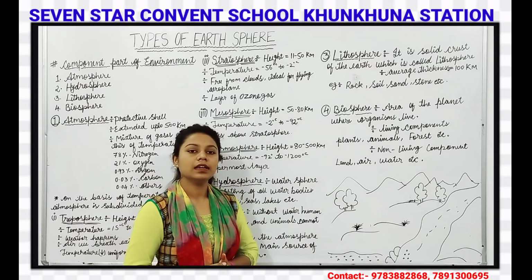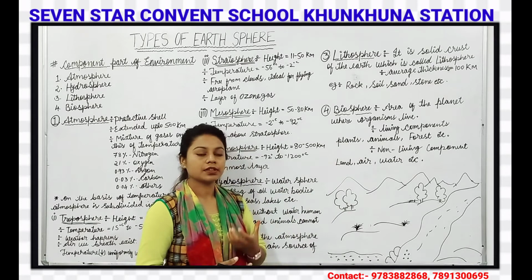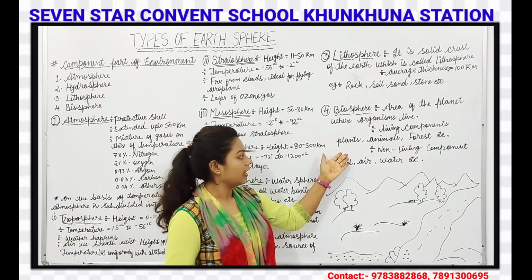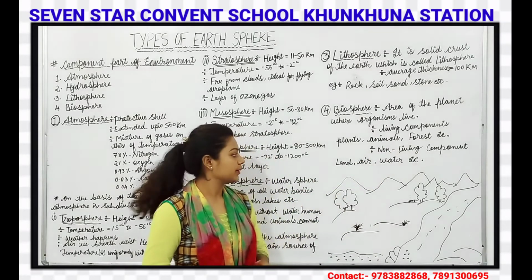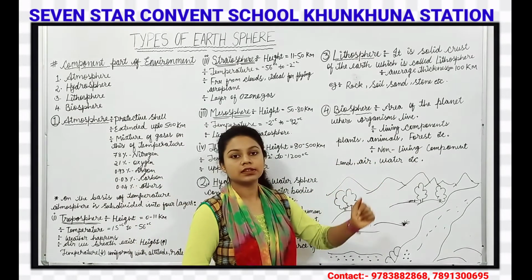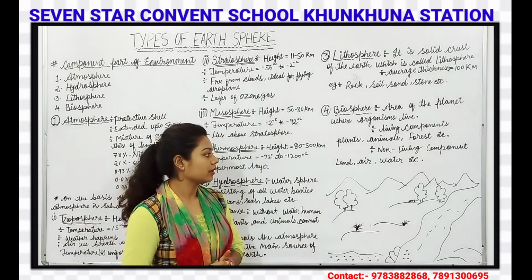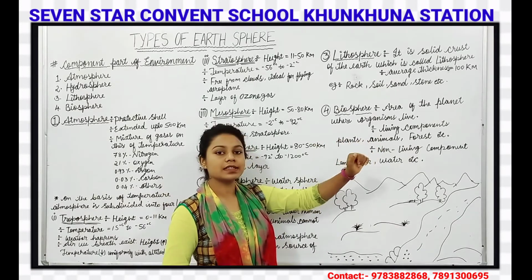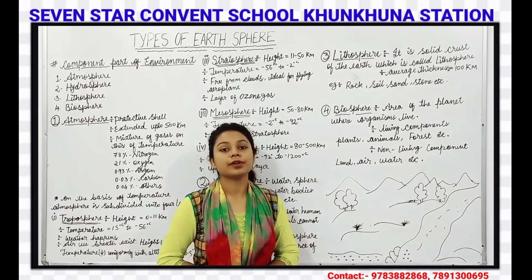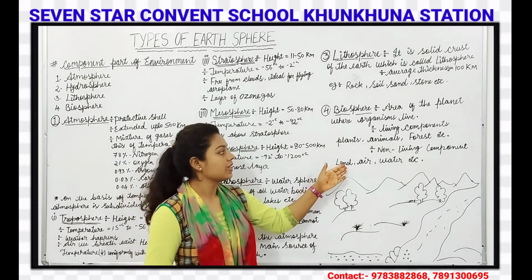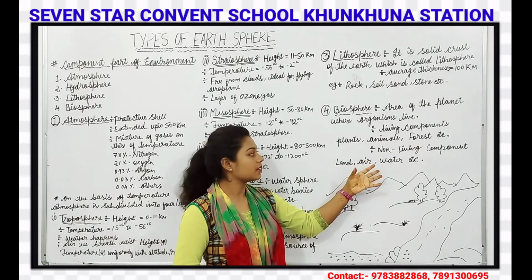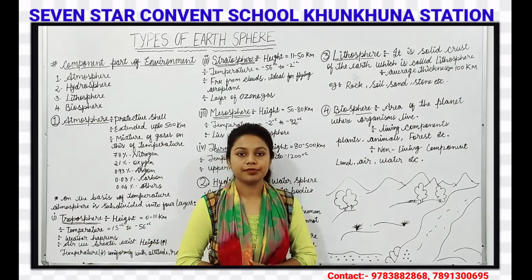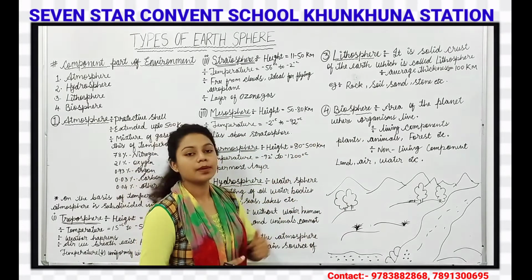The non-living components are the land, air, water, etc. The living components are biotic and the non-living components are abiotic. Biotic means they can live and survive on the earth. So this was about the biosphere.